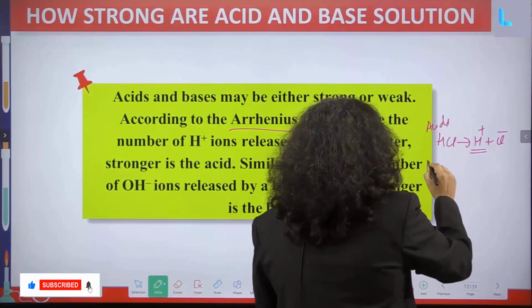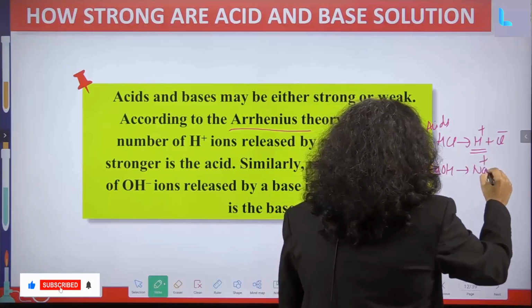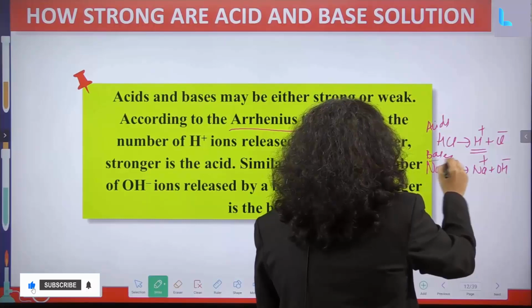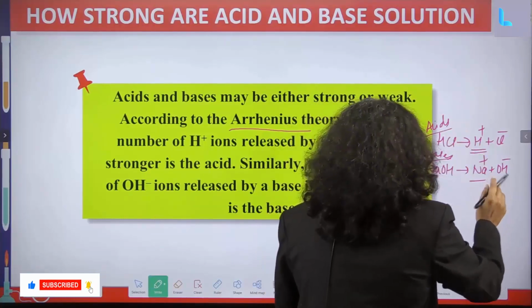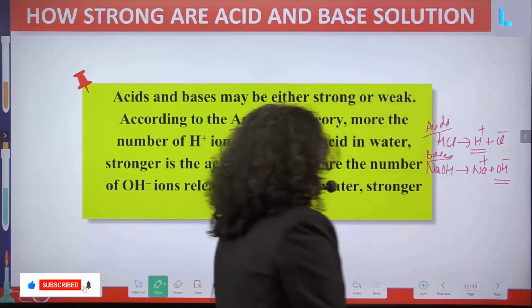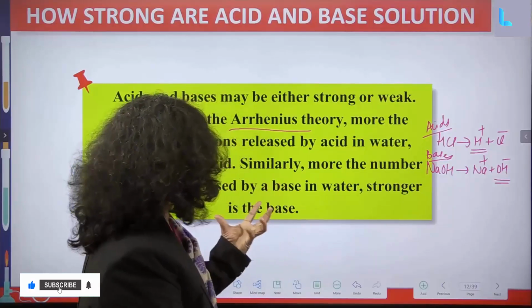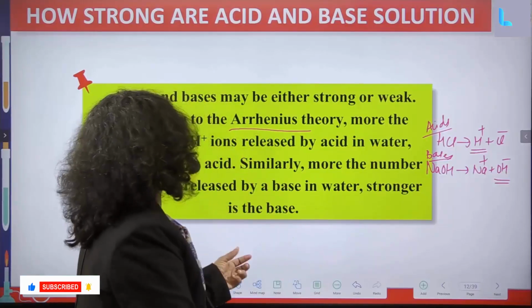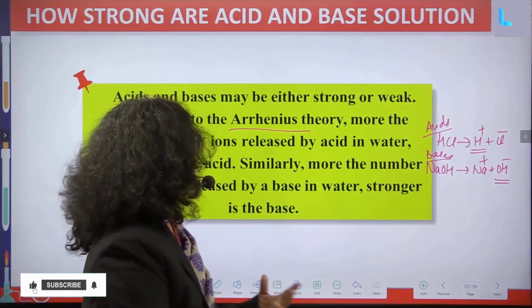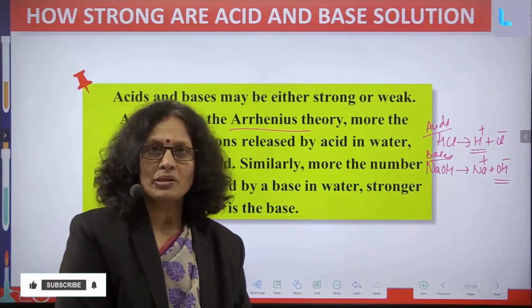And substances which break and give OH minus ions are Arrhenius bases. Here, the more OH minus ions released by a base in water, the stronger the base. So acids and bases can be strong acid, strong base, or weak acid, weak base.